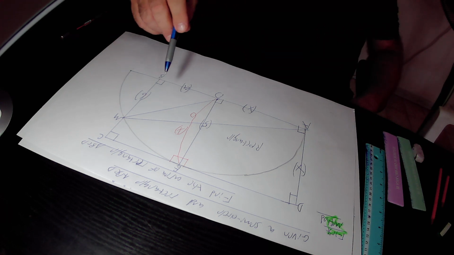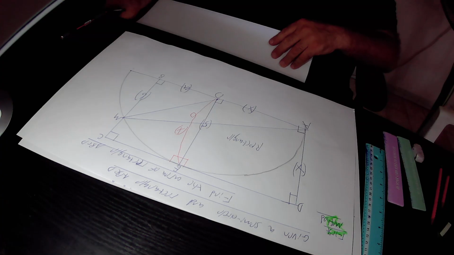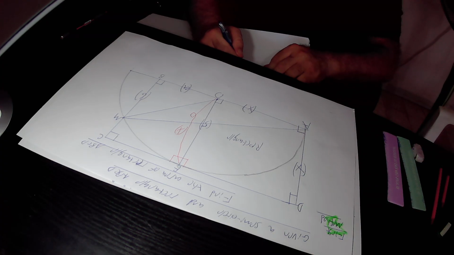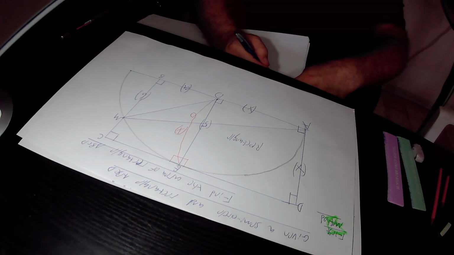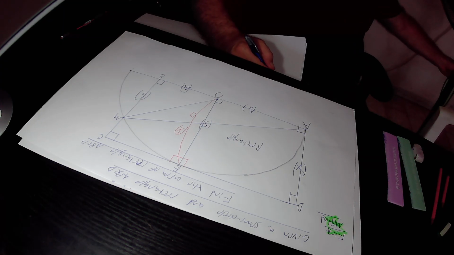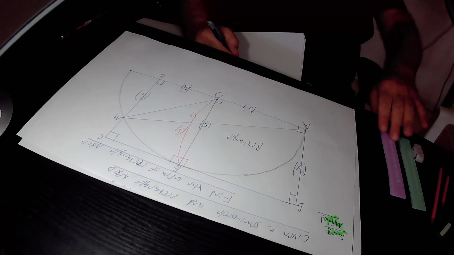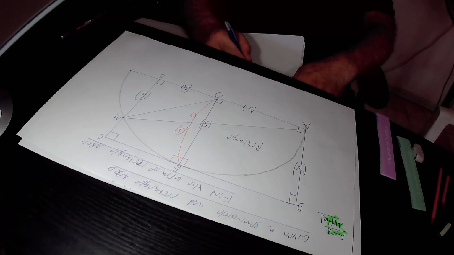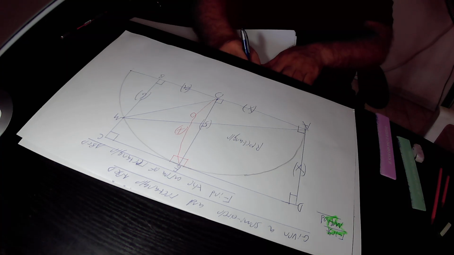So I will copy the right triangle OMB to a new page, and we will implement the Pythagoras theorem on this right triangle OMB. Here PT is the abbreviation for Pythagoras theorem.